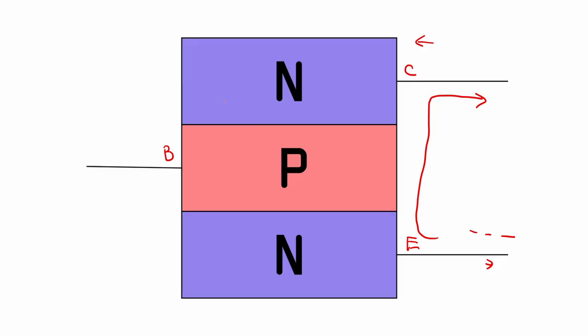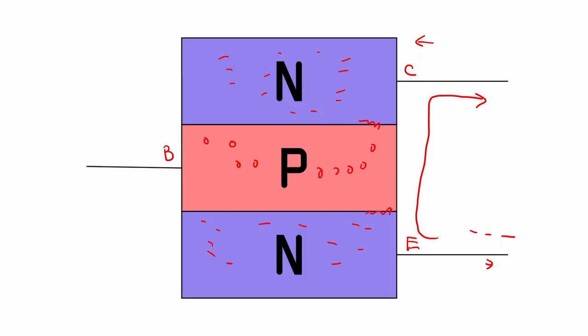Now the N material has lots of extra electrons. It's doped to have extra electrons. Whereas the P material has holes for electrons. And just like in a diode, there's a depletion region between these two, in this area here and here.